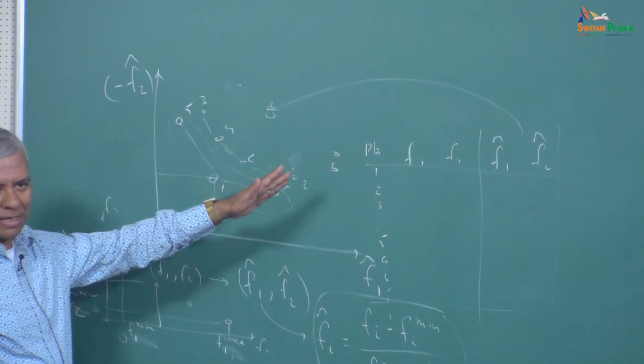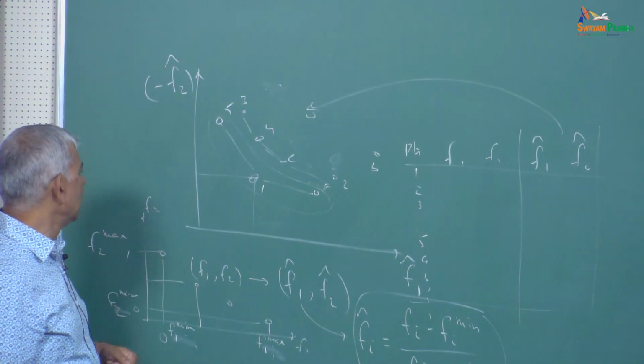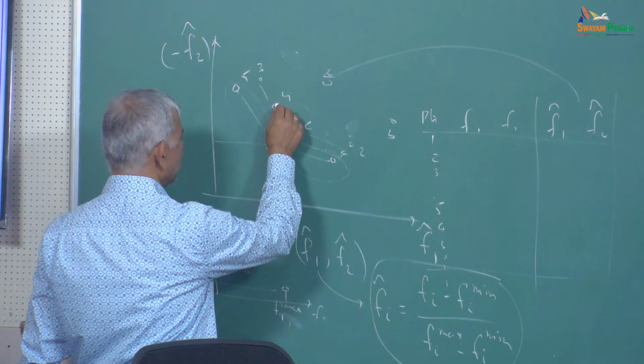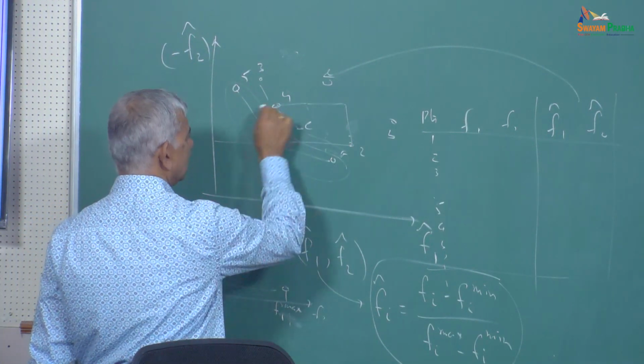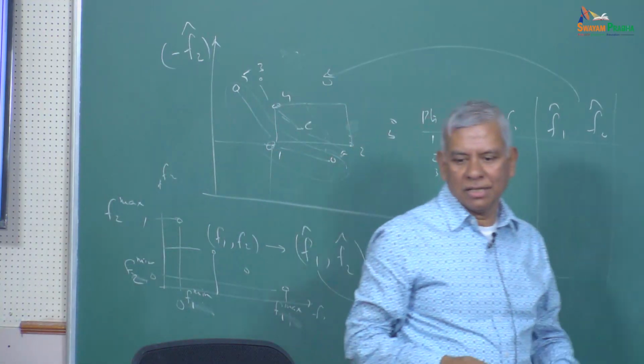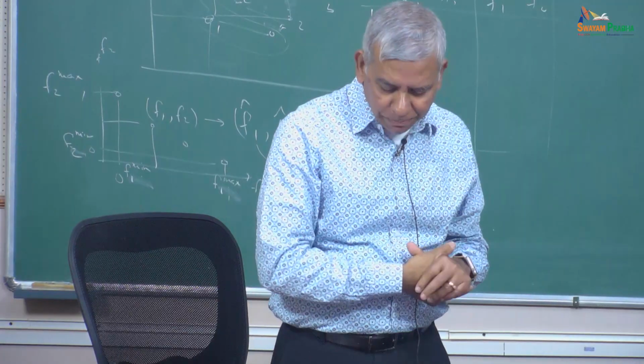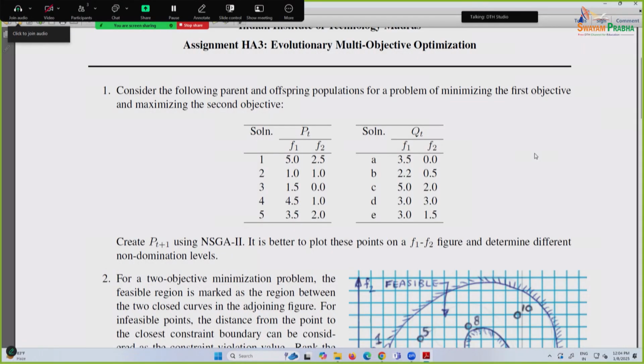Of course, you need to multiply by -1. Then you identify these, apply the crowding distance, and find the highest crowding distance ones that you have to choose. So tell me what is PT plus 1: which members from 1 to 5 and which members from A to E will be there. There should be exactly 5 members because the population size is 5.